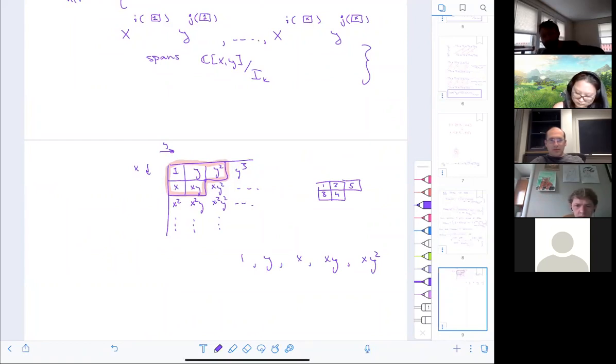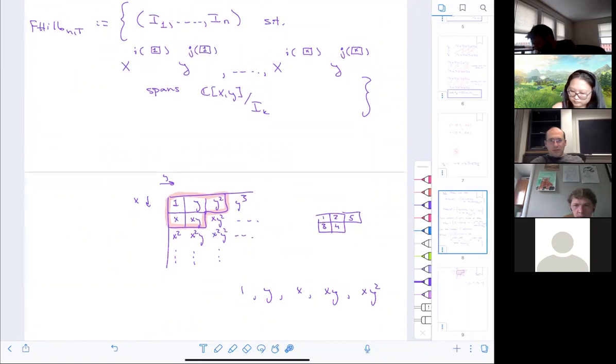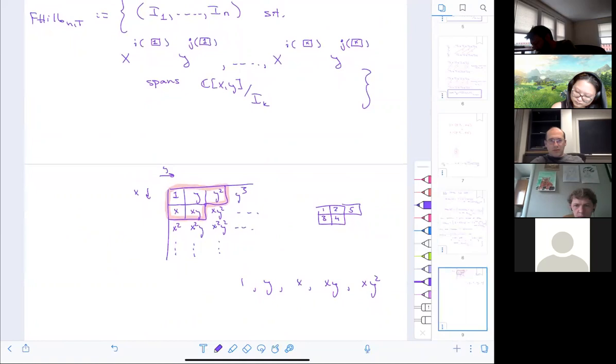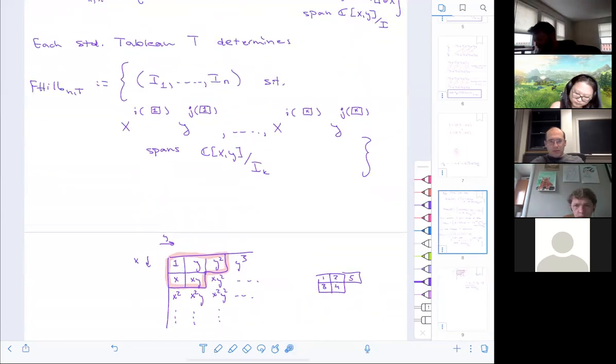And the condition we enforce on elements of this set is that the first k of these monomials should span the kth subquotient, or the kth quotient. Okay, so in this way, a tableau determines a collection of flags of ideals, which is a subset of the flag Hilbert scheme. We'll see more examples here later in just a second.